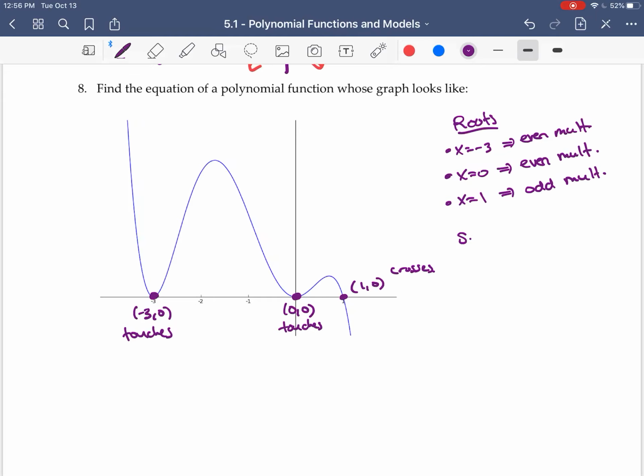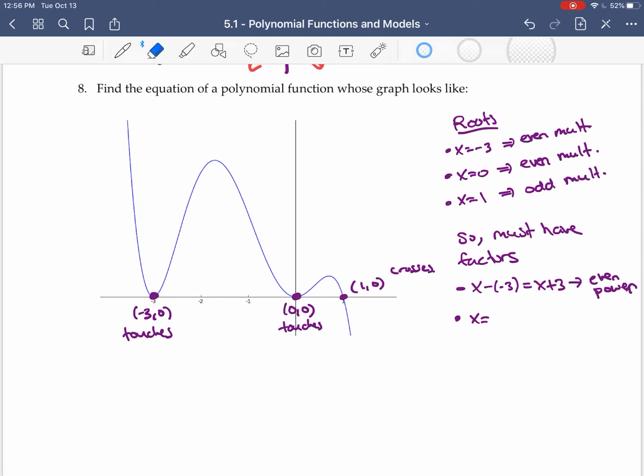Okay, so that means I need to have factors x minus -3 or x plus 3. Okay, and it has to be to an even power to have even multiplicity. And then I have x minus 0, or just x, okay? Again, has to be an even power, okay?